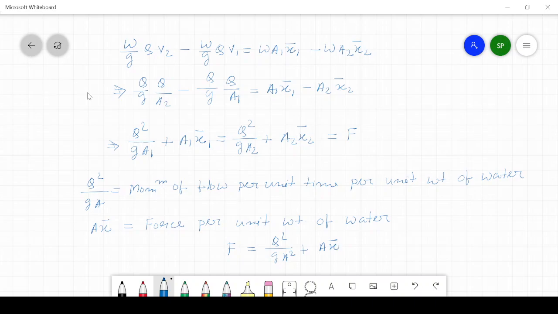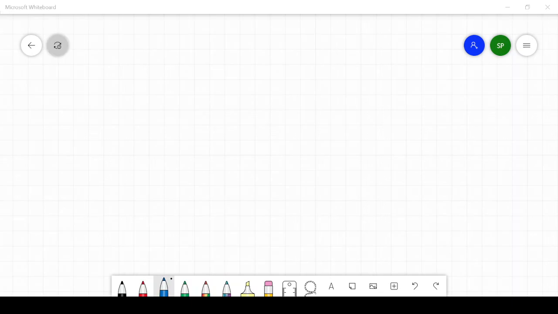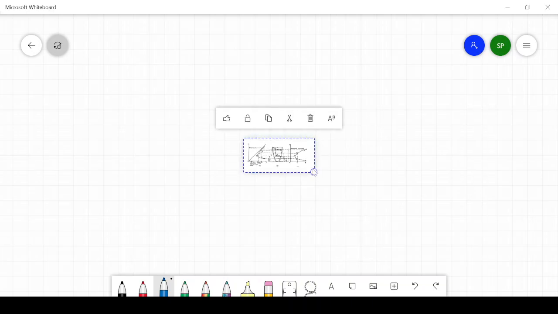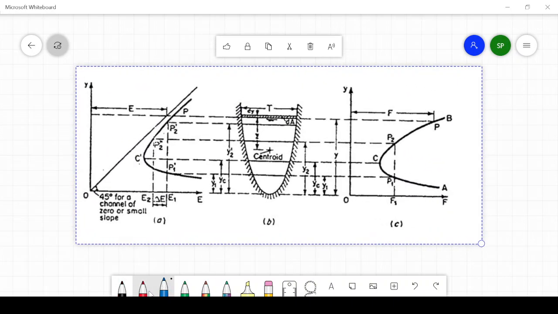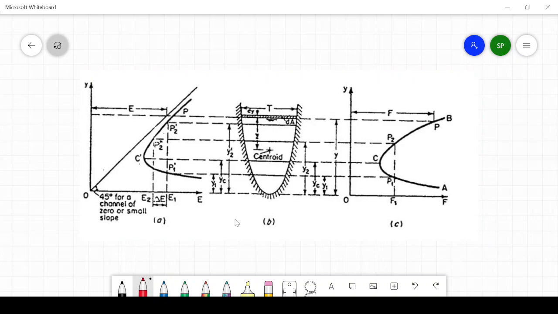Now I will show you the specific force diagram. So this is your specific force diagram.